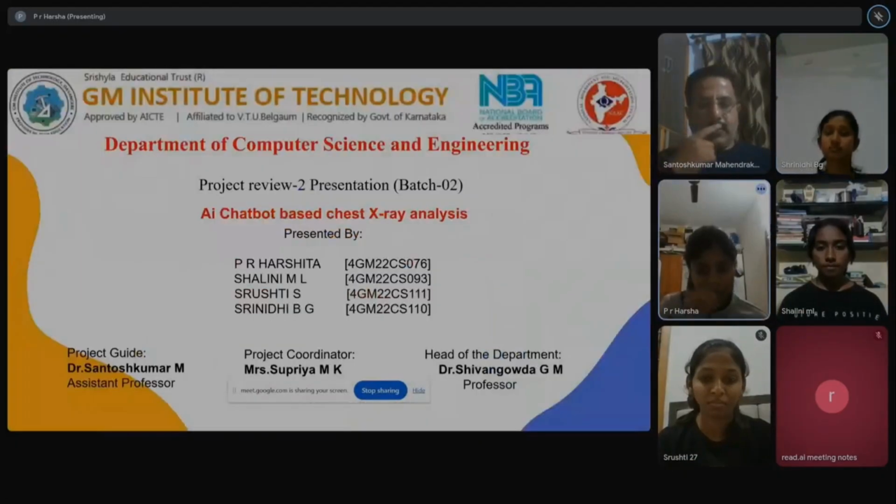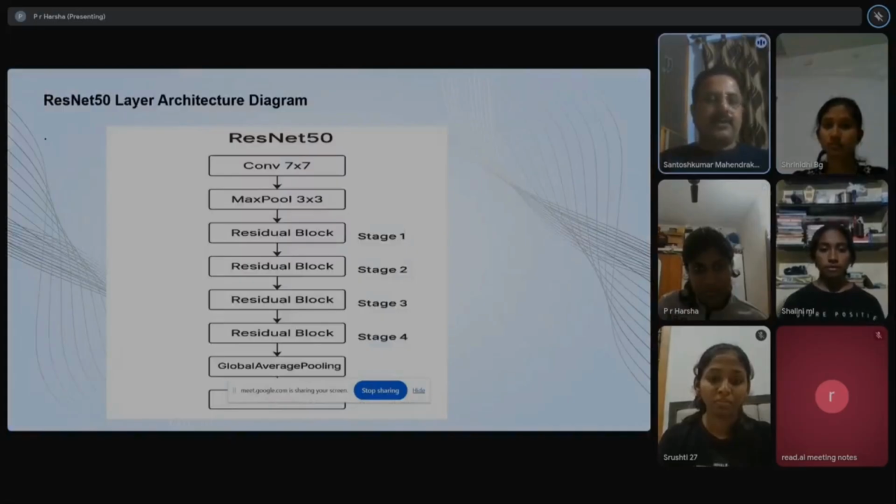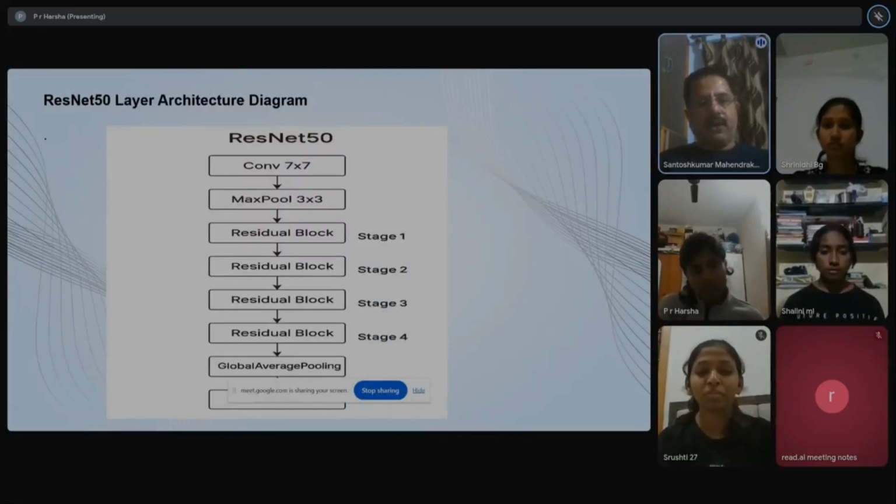Okay. Sure. Go to the design of ResNet, architecture of ResNet 50. Yeah, here. Srishti, can you explain what the residual block is all about?